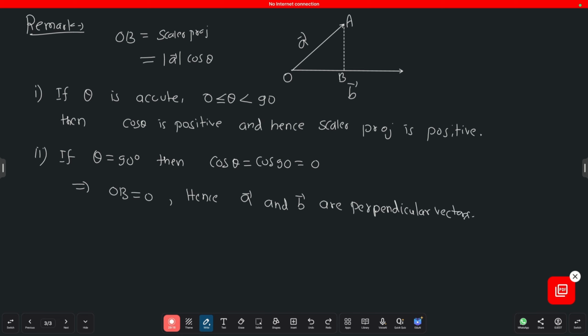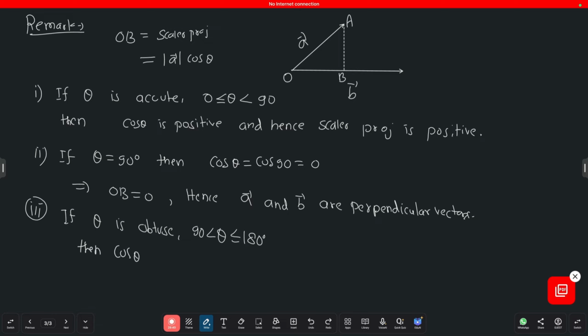Vector A and vector B are perpendicular vectors. Number 3, if theta is obtuse, it implies theta is greater than 90 and less than or equal to 180.